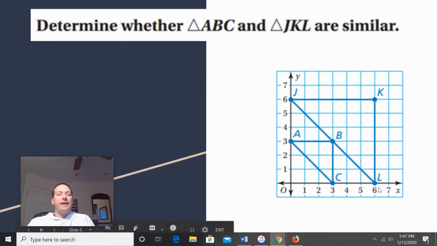So what we have to do is figure out, can I multiply both x and y, this is what we did last time, by one number to get this? Same thing, can I multiply this by the same number I did there and get that? Can I multiply this by the same number and get that?